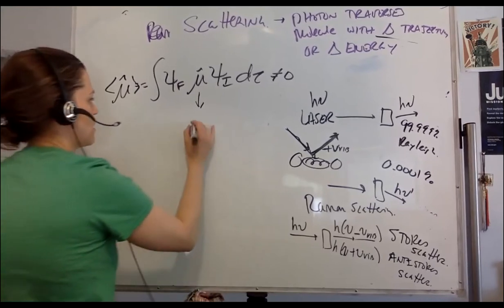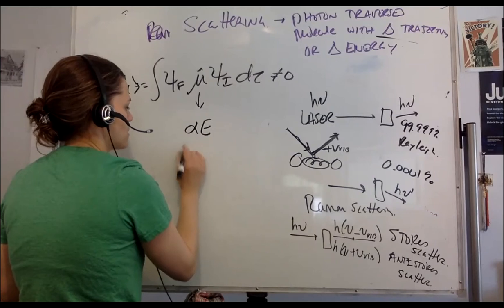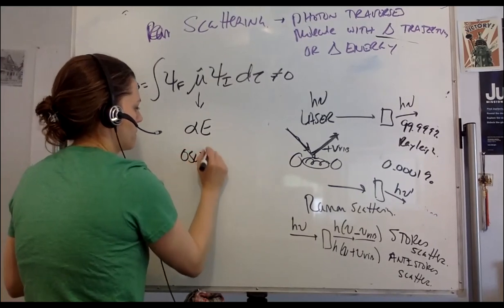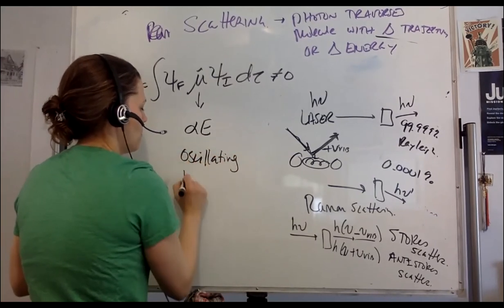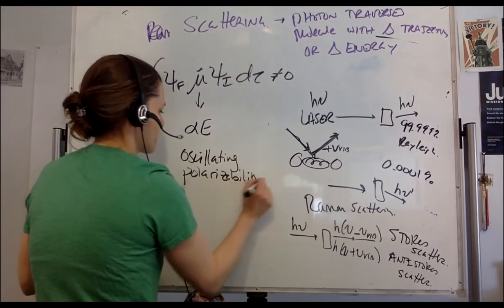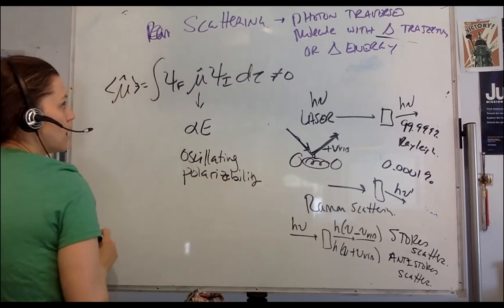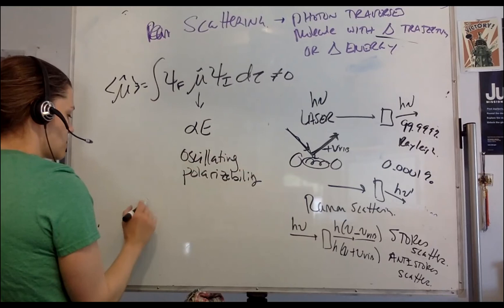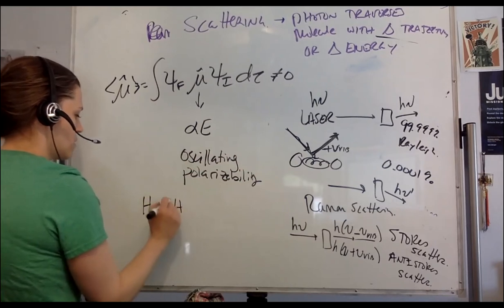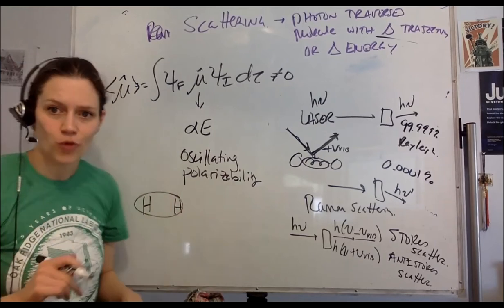If, however, instead of a dipole moment derivative, it is an oscillating polarizability, then you have a Raman active mode. Let's take hydrogen, H2, non-polar, right?